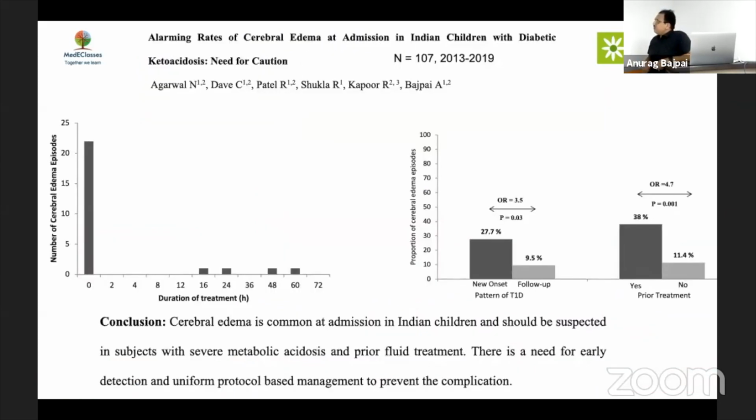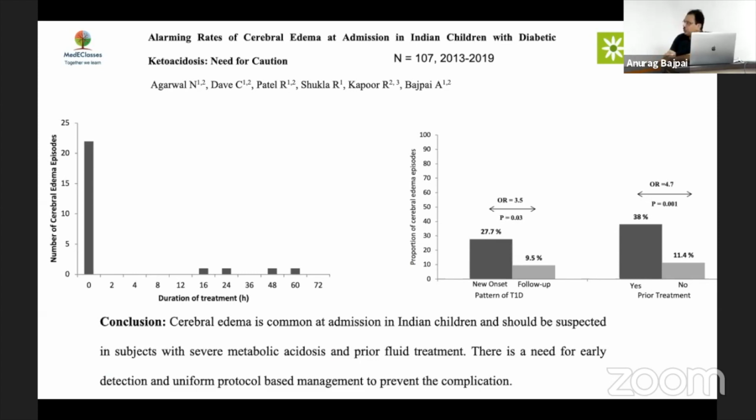Now this is a study which Neha had done in our 107 patients with DKA, and what we found is that, as against the Western picture, a lot of patients in our setup presented with cerebral edema at diagnosis. Now this is important. That means you have to be careful about cerebral edema right away. Those who had prior fluid treatment were the worst hit in terms of DKA because they have received a lot of fluids and that was cerebral edema in that situation.